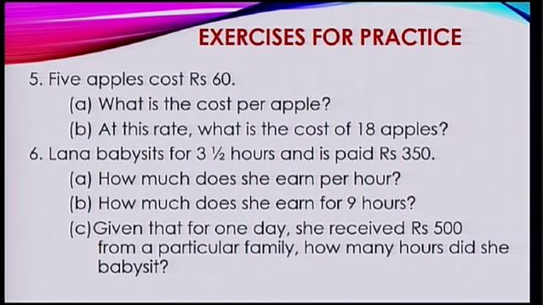Question number 6. Lana babysits for 3.5 hours and is paid 350 rupees. Part A. How much does she earn per hour? Part B. How much does she earn for 9 hours? Part C. Given that for one day she received 500 rupees from a particular family, how many hours did she babysit?